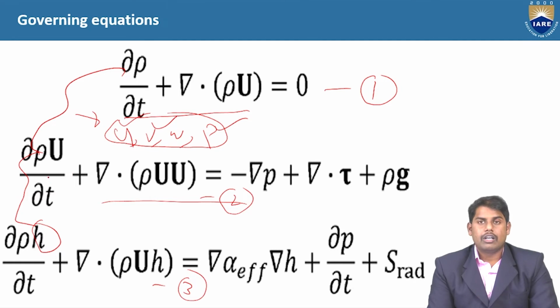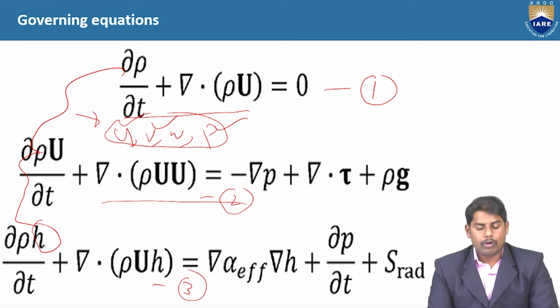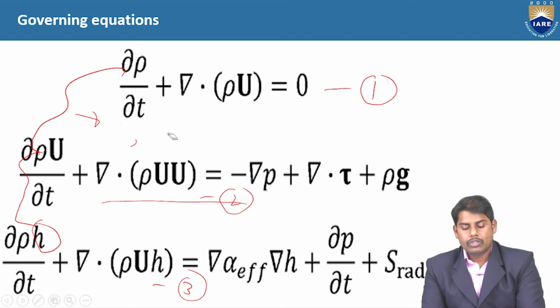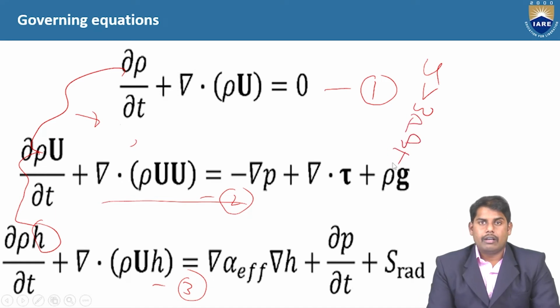If you take any flow properties, the basic ones are u velocity, v velocity, w velocity, pressure, density, and temperature.